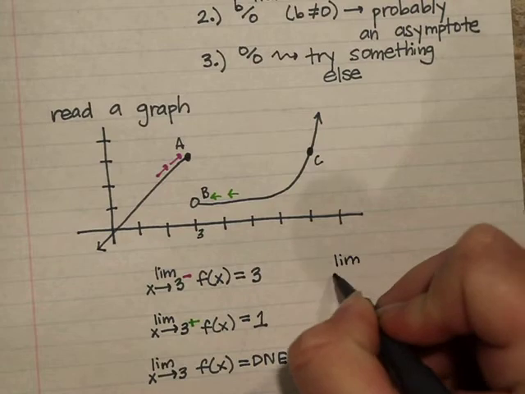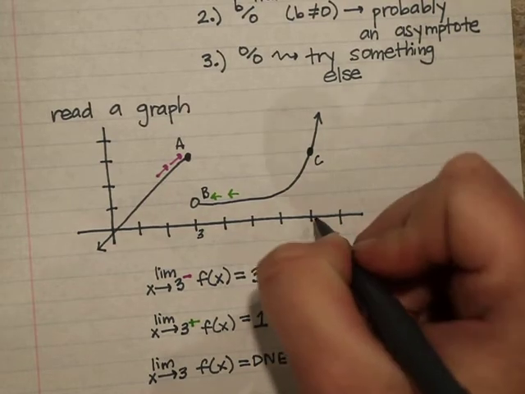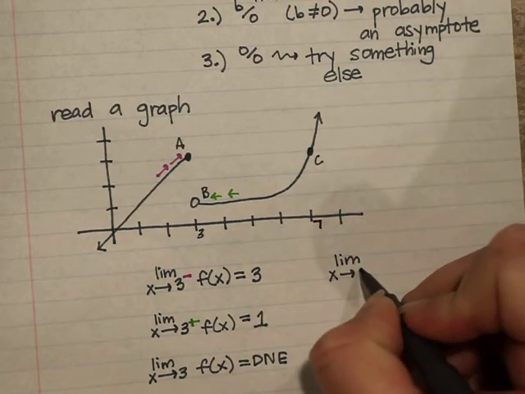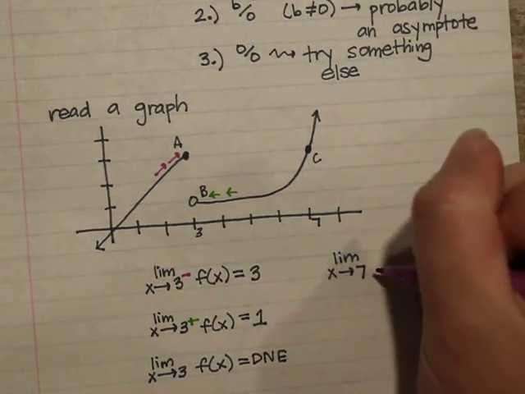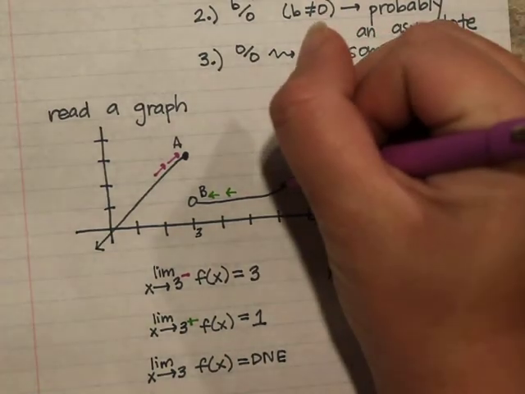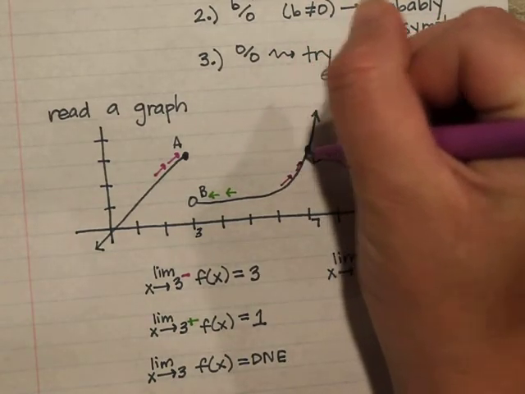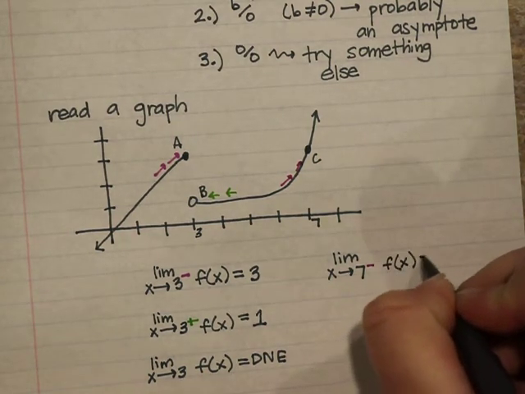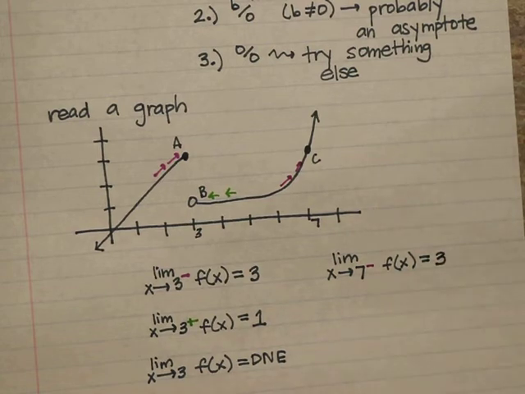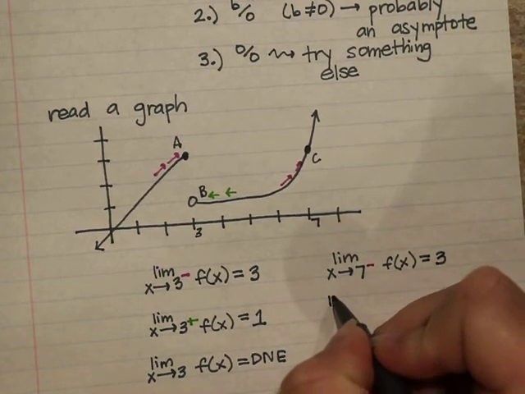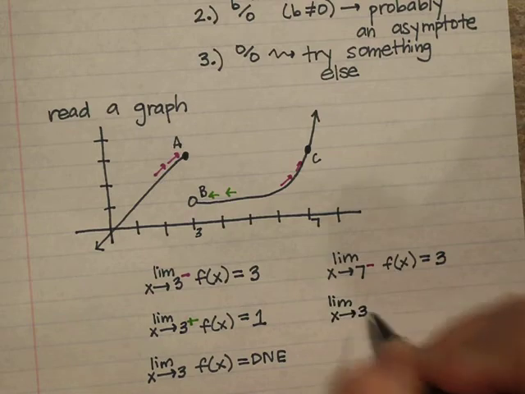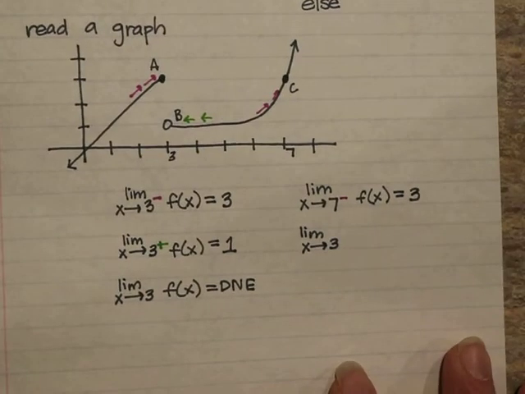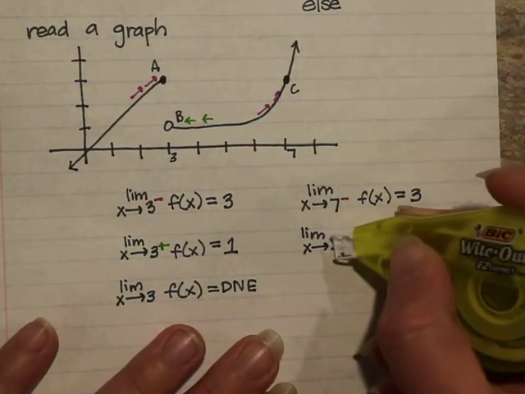Let's do another one. Limit as x approaches 7 from the left. So here's 7. I'm going to come at it from the left. It equals 3.